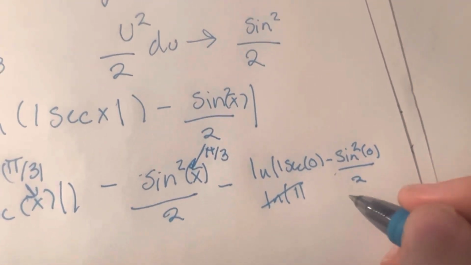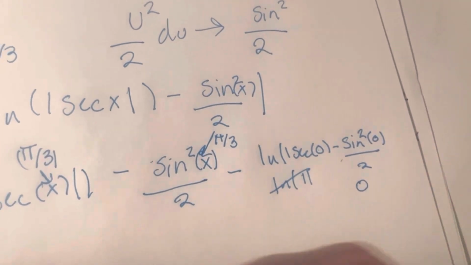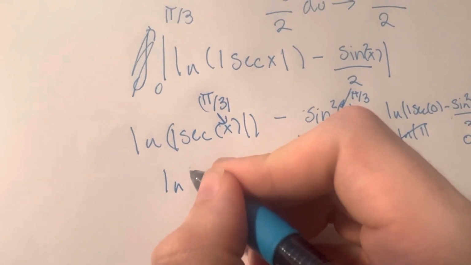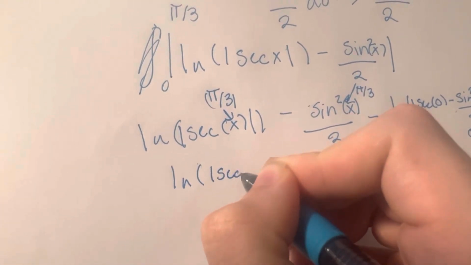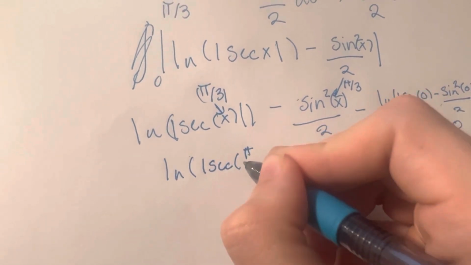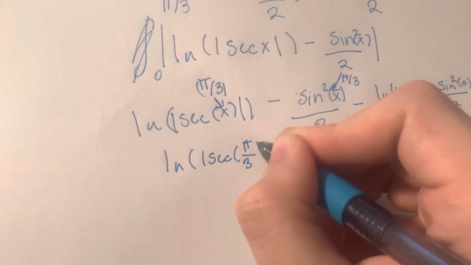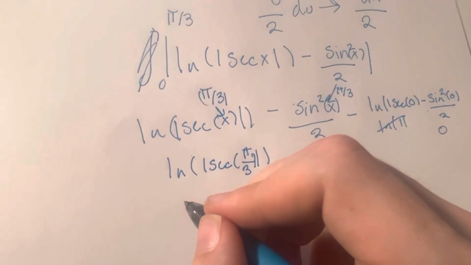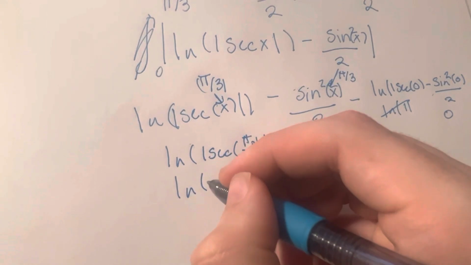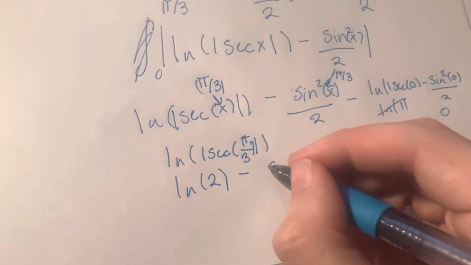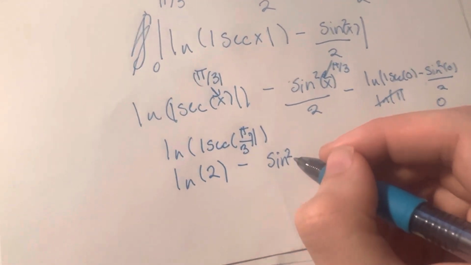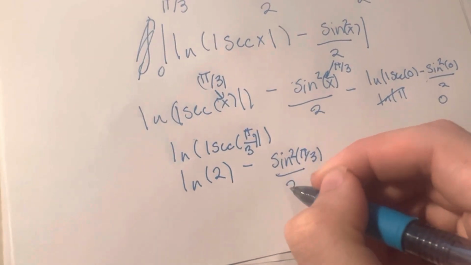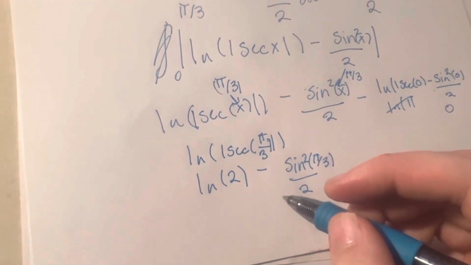Sine of 0 is also 0, so we go over here to solve. I've already previously solved this, but just by plugging into the calculator, we get ln of secant pi over 3 is ln of 2, minus sine squared pi over 3, which is over 2 as well.